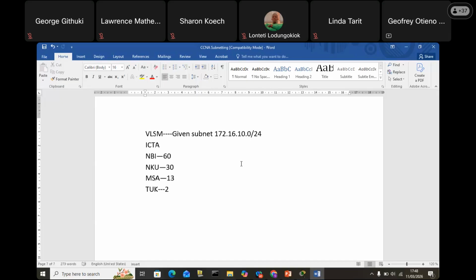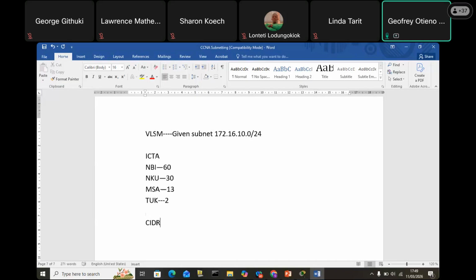Now, as the IT team, we need to come up with the subnets for each branch. Something I want us to take note of is CIDR, classless interdomain routing.